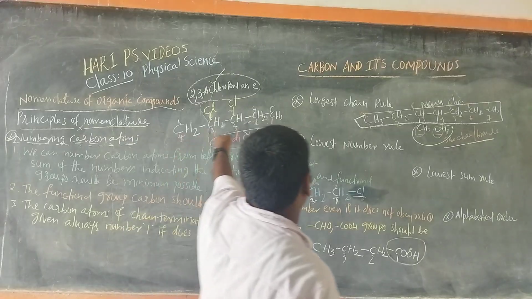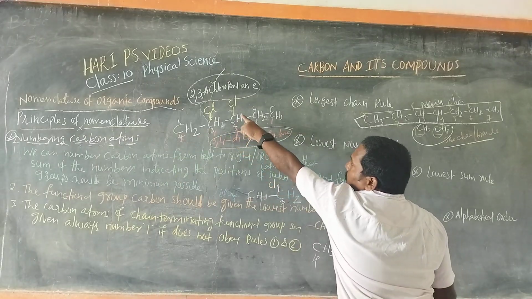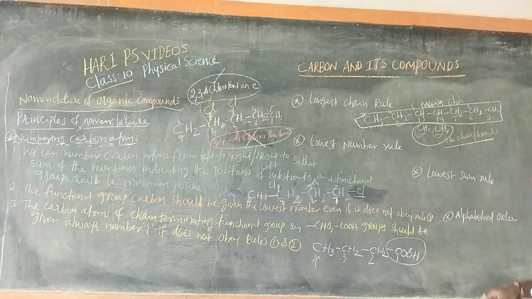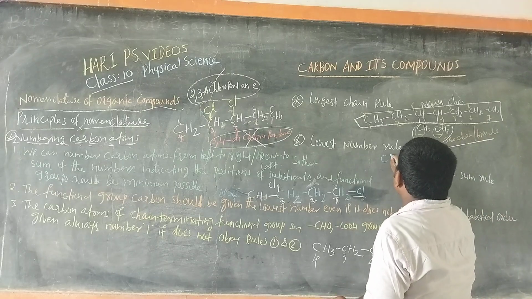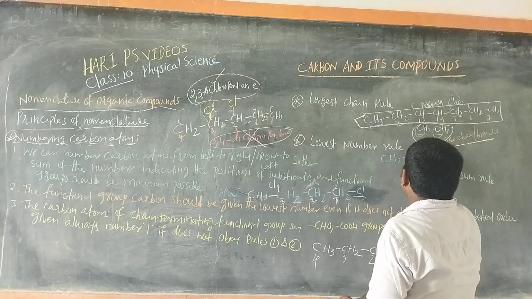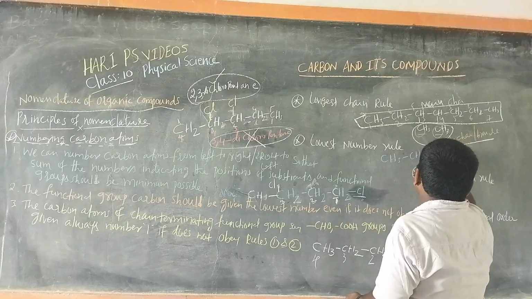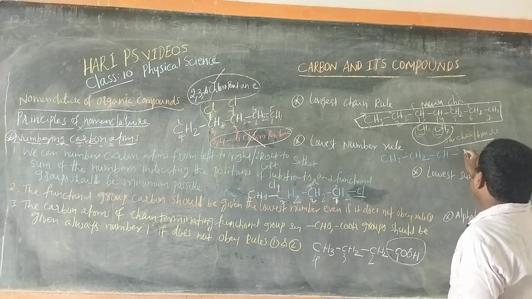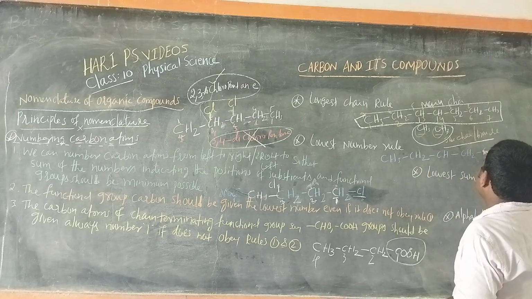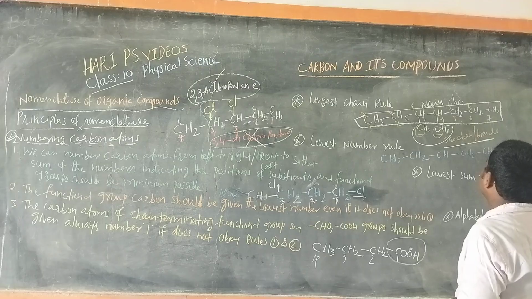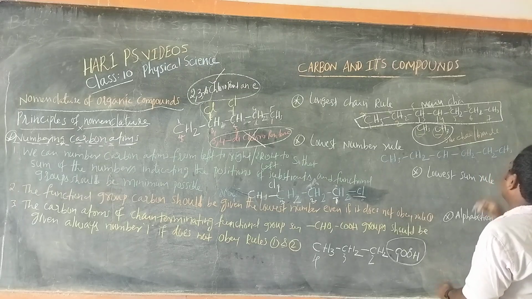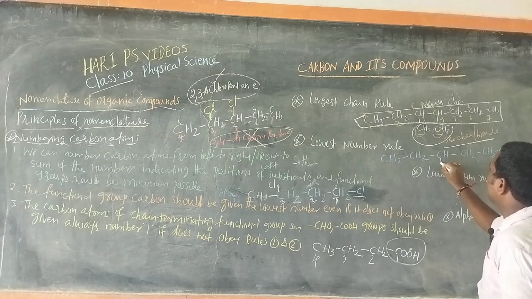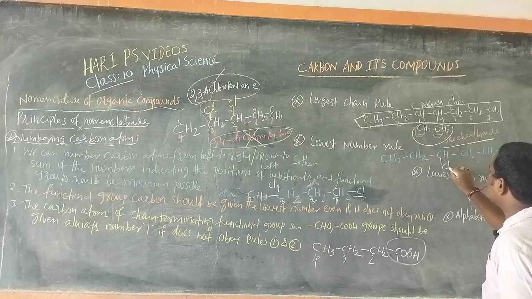The first one is taking two substituents; here we take only one. For example, CH3, CH2, CH, CH2, CH2, CH3. Here it has only one substitution.